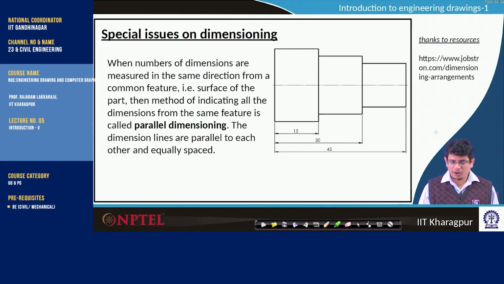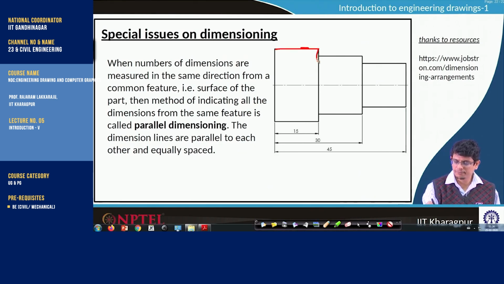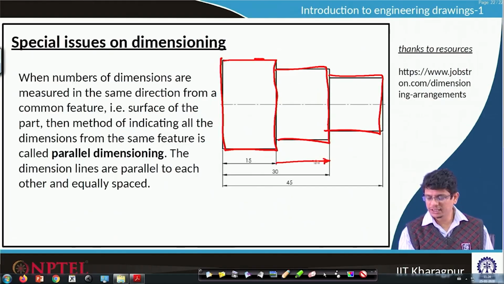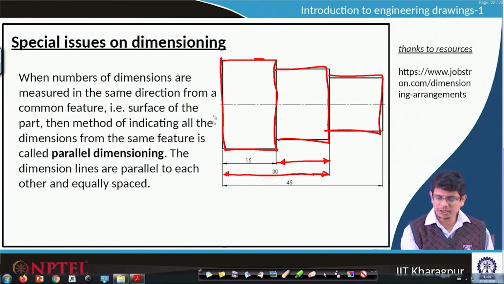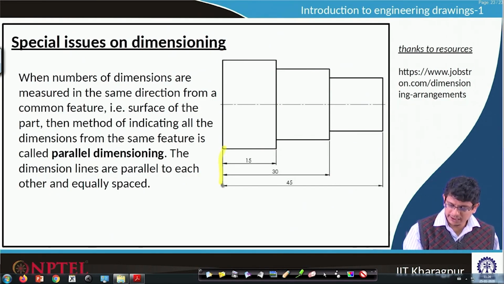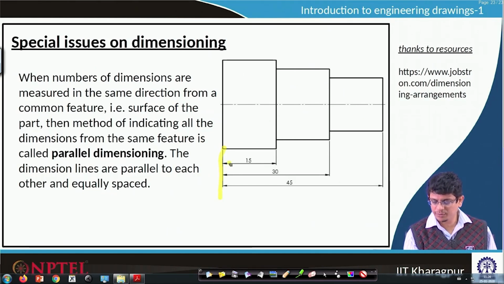Let us take a cylindrical object. This one. Here, instead of chain dimensioning, we go with parallel dimensioning, so that there is always a reference base. Let us look at it through the highlighter. This is the reference base. From that reference base, we are going to have a dimension of 15 units.